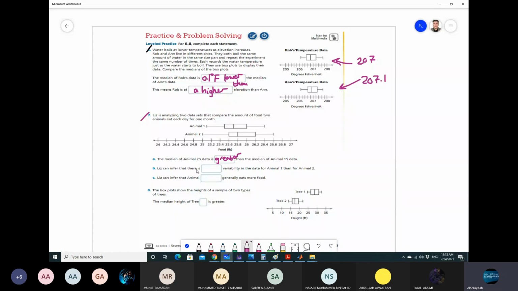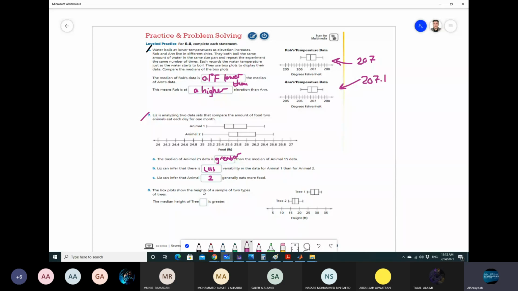And this infers that there is less variability, because the width here in the data of animal 1 is less than the width here for animal 2. So we can say that this can infer that there is less variability in the data. So this can also infer that animal 2 generally eats more food.